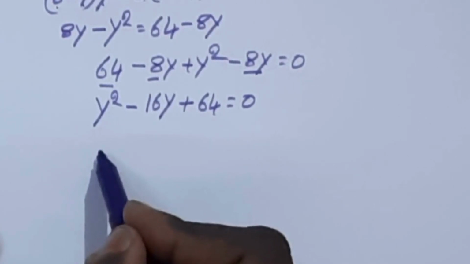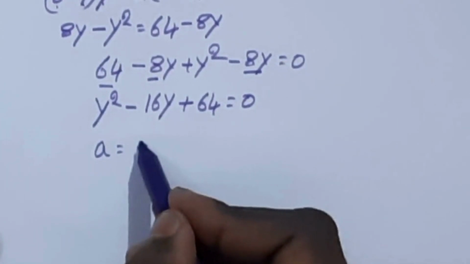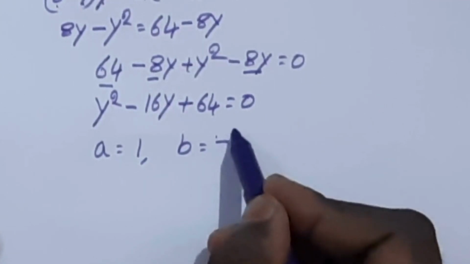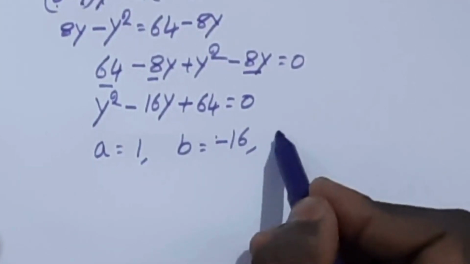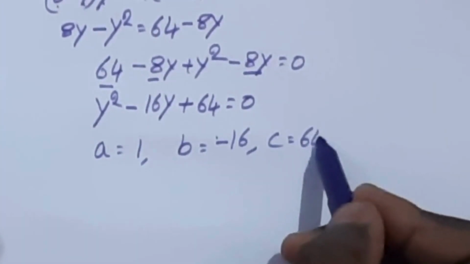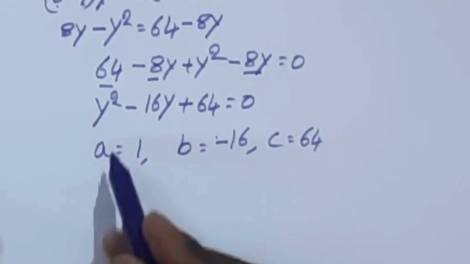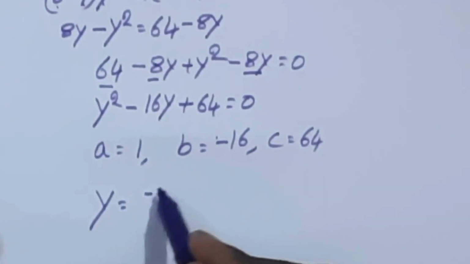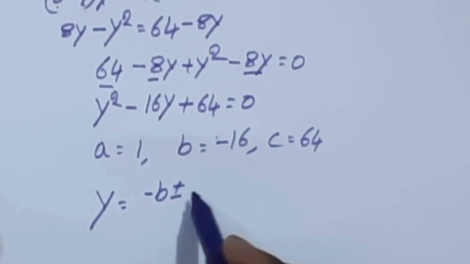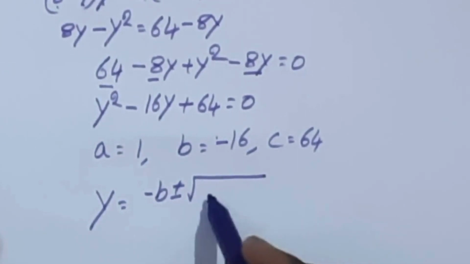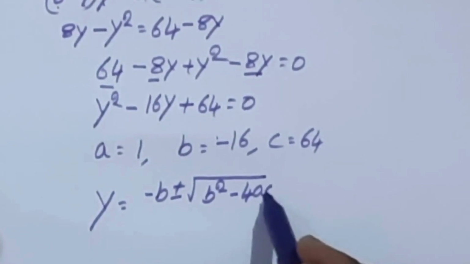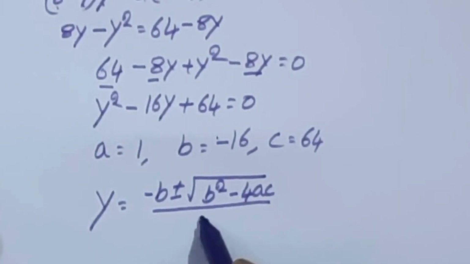Here we have a equal to 1, b equal to minus 16, c equal to 64. Now we are going to find y here. So y equal to minus b plus or minus square root of b square minus 4ac by 2a.